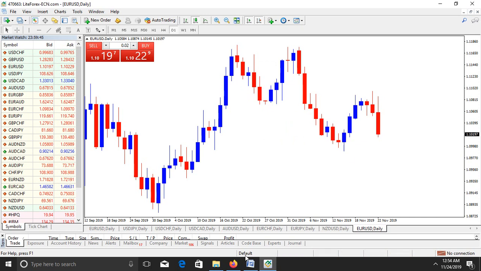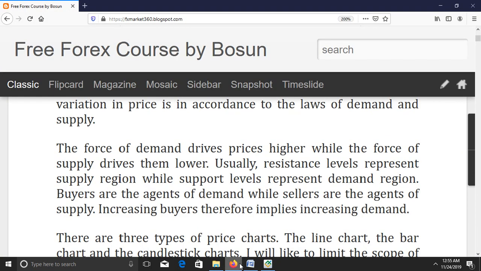That's buyers. Currently, we are having a fall from a supply level, from a resistance level, and then the fall continues. We don't know where it's going to stop for now. Let's move on. So in essence, buyers are the agents of demand, while sellers are the agents of supply.